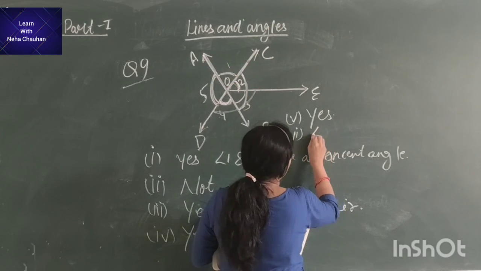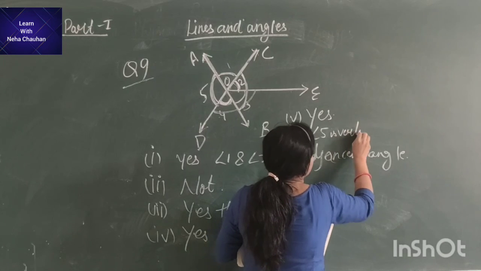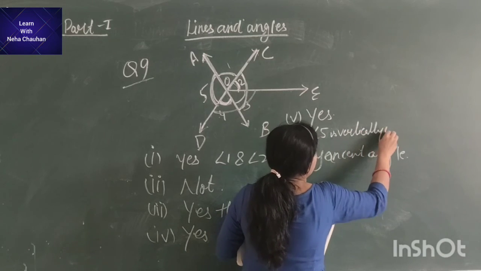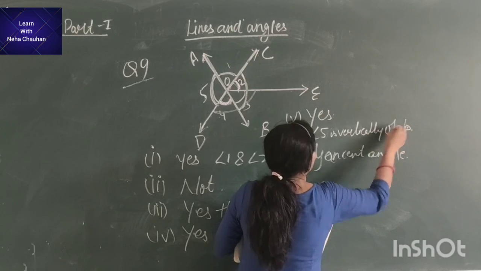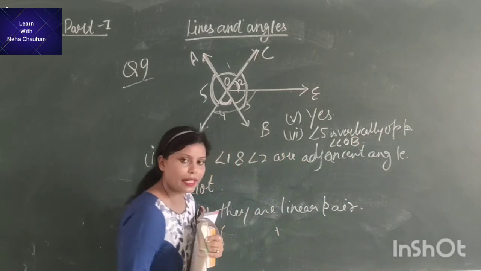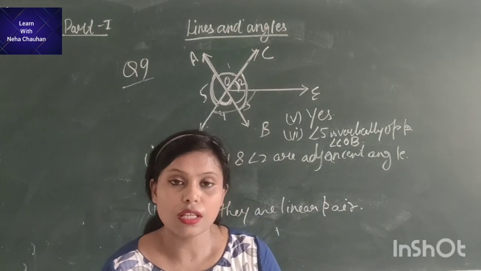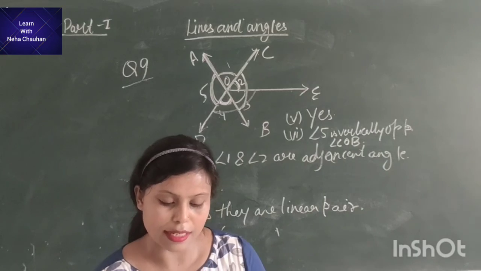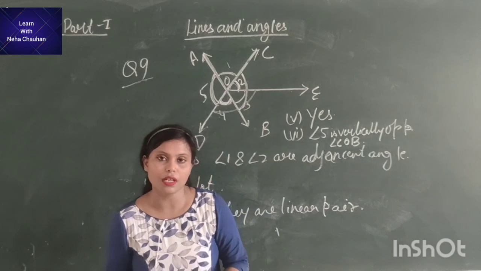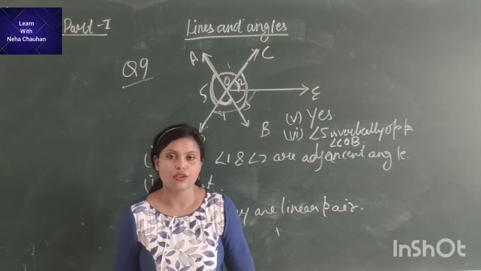So the answer will be angle 5 is vertically opposite to angle COB. Alright. So all the other questions are related to the concept we have learned. So try on your own and do exercise 5.1.